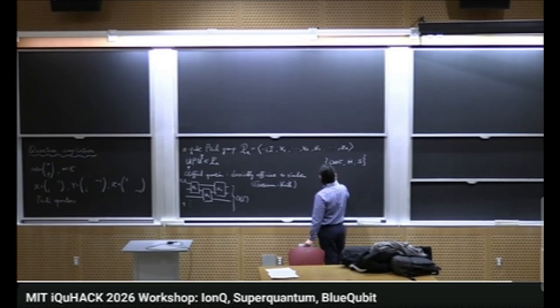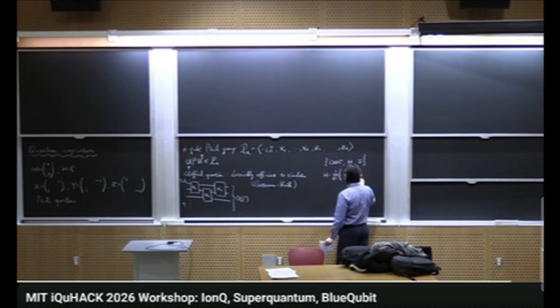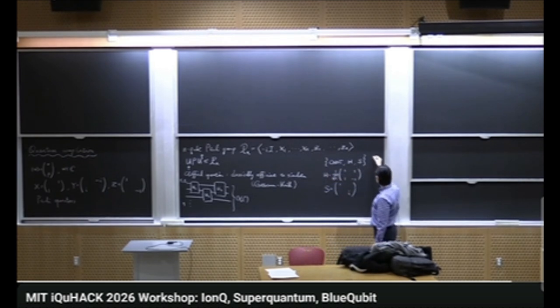The Hadamard gate, just to be explicit, is a 2x2 unitary, and S is also a 2x2 unitary, and CNOT is a 4x4, a two-qubit operation. These form the basic Clifford gate set.